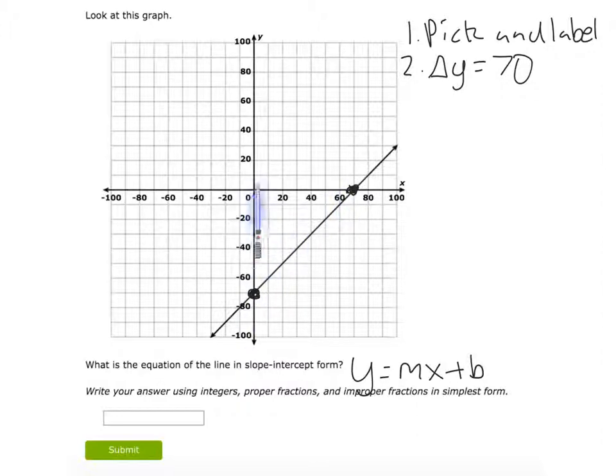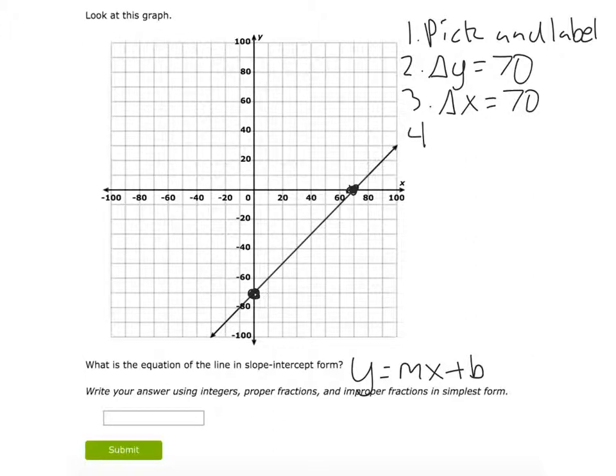So up means positive. Okay, next is going to be our step 3, change in x. And after I left off at 0, 0, we just need to count to the right. So again, take a look at your increments here. It's going by 10. So 10, 20, 30, 40, 50, 60, and it looks like it's also 70.